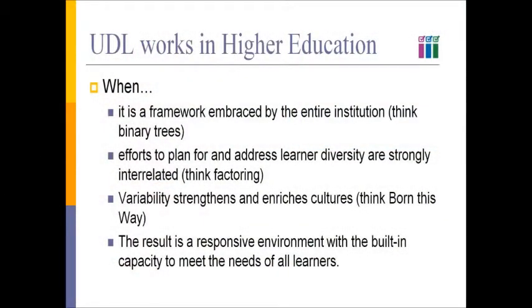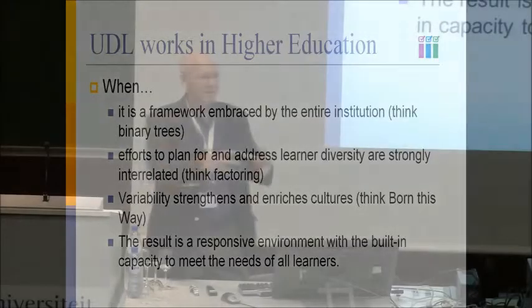UDL works in higher education when it's a framework embraced by the entire institution. We're not talking about islands, little islands of separate flexibility, but we're talking about an institutional perspective on the variability of the human condition, the need for environments to be flexible, maintaining high expectations.